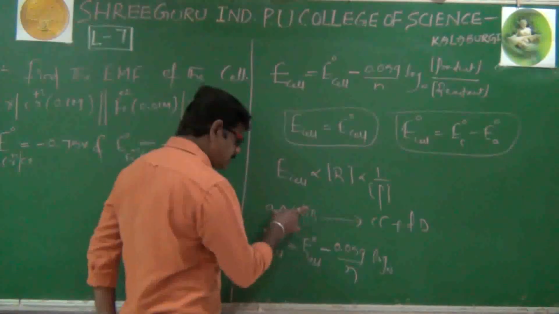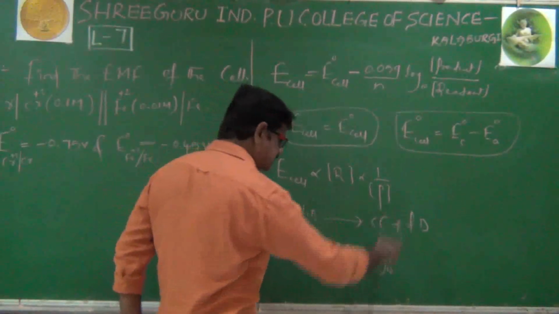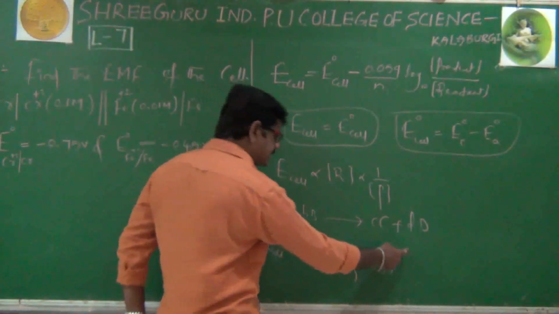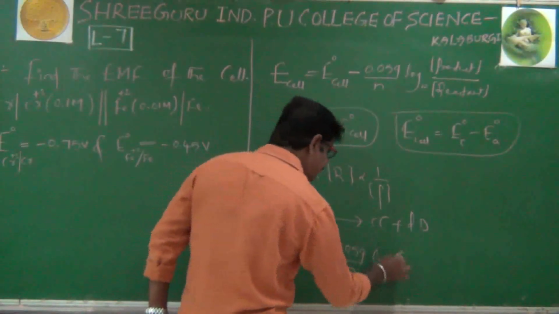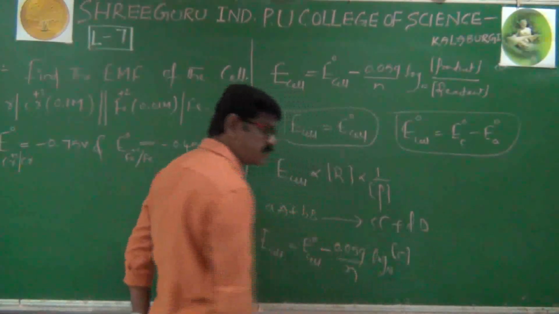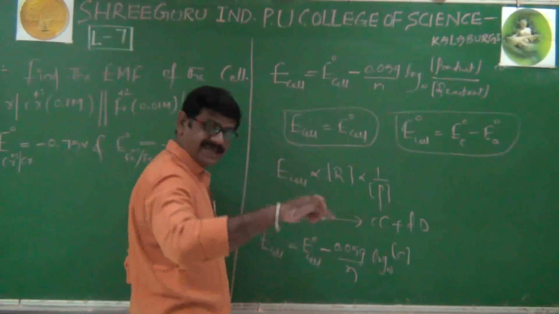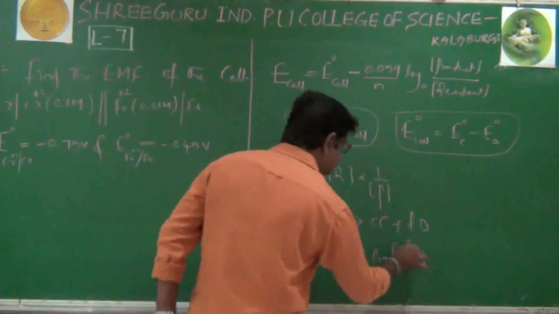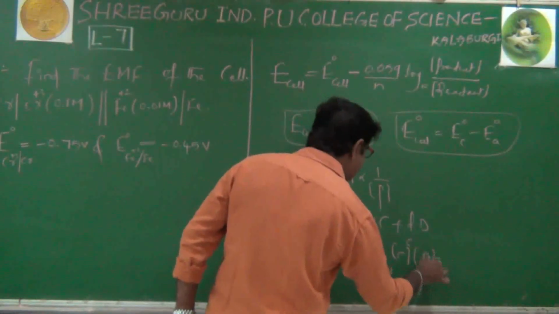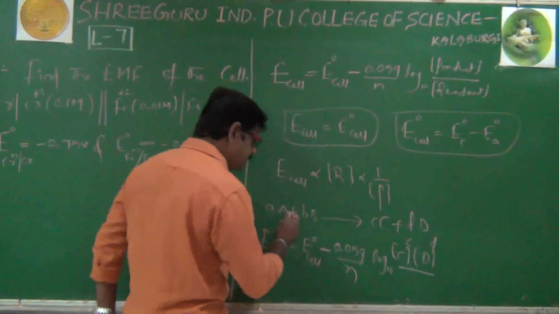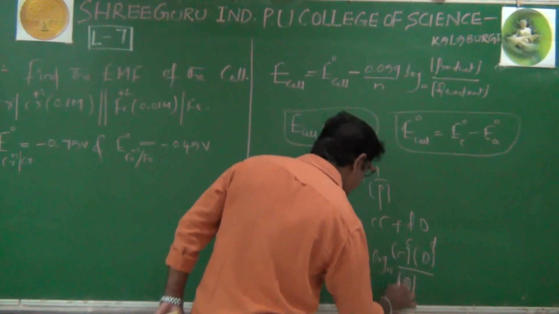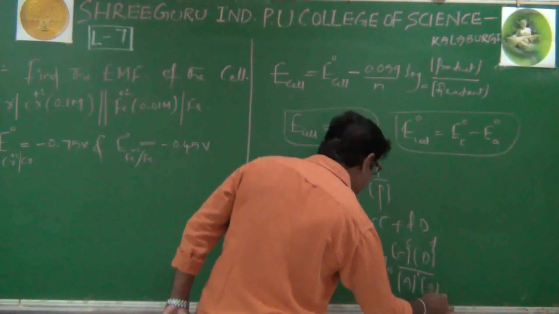In this reaction, these are the reactants and these are the products. We first write the product concentration in square brackets, because we are using the concentration term, and whatever the stoichiometric coefficient is, we write it as its power: C to the power c and D to the power d, divided by A to the power a and B to the power b.